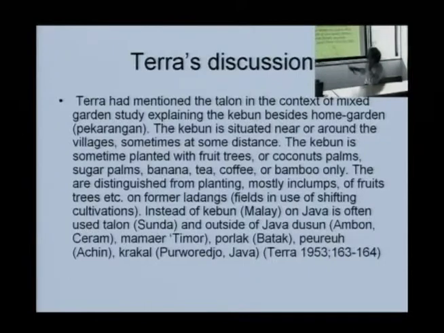That is Terra's discussion. So he used the kebun near or around the village, and sometimes distant. So the idea of kebun, and in West Java, the name Tarum is used.